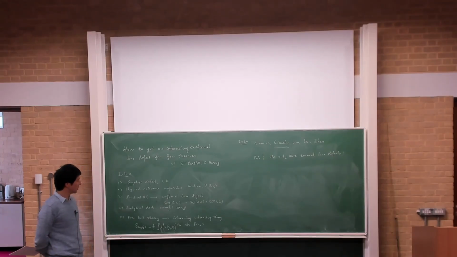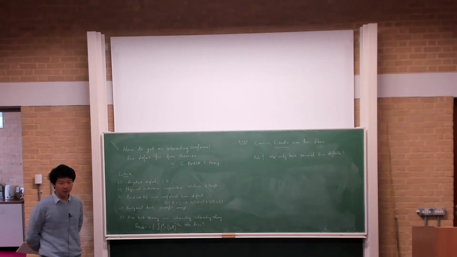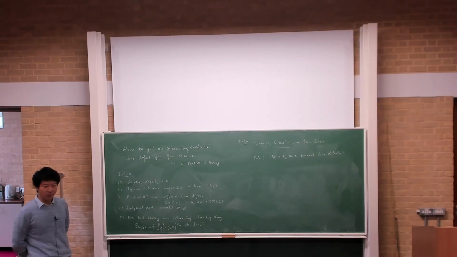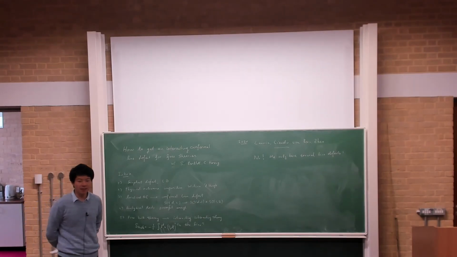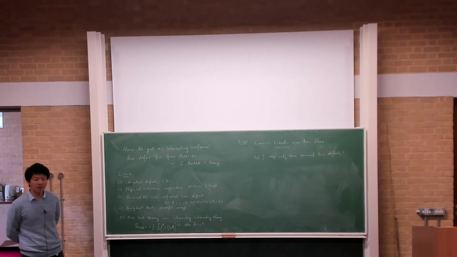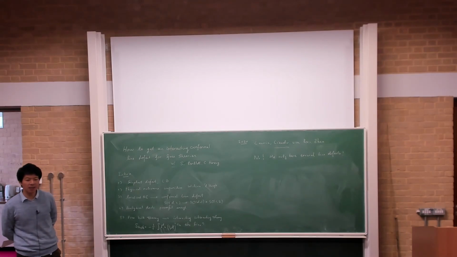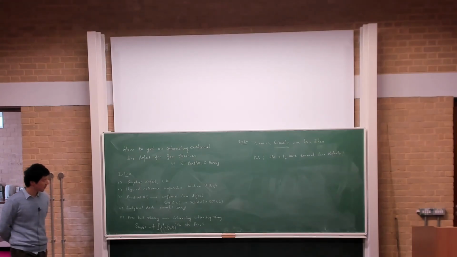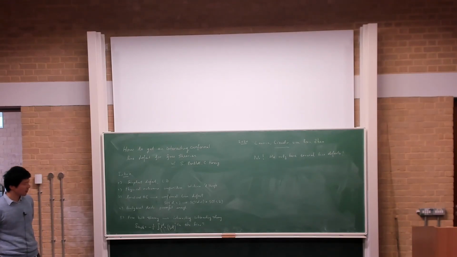The RG flow, you mean it ends on something? Yeah. We want a conformal line defect in this case. Okay.